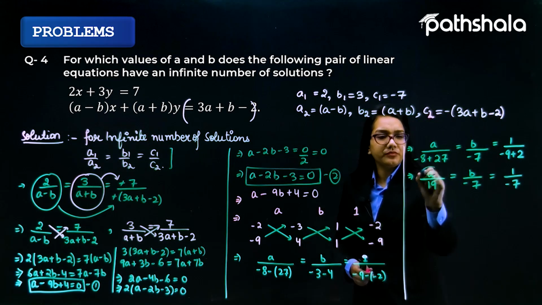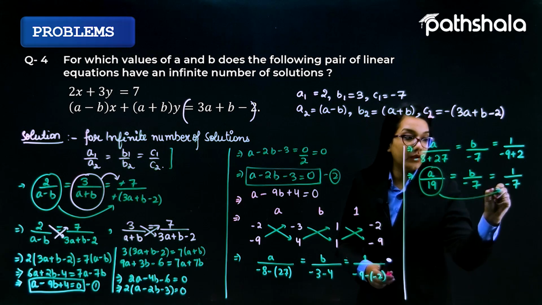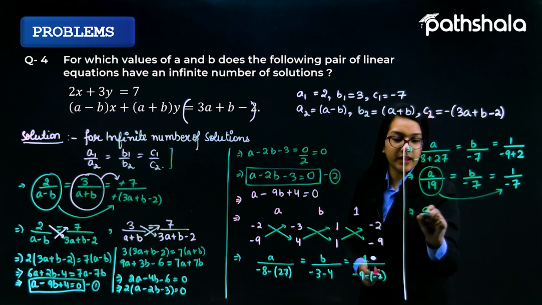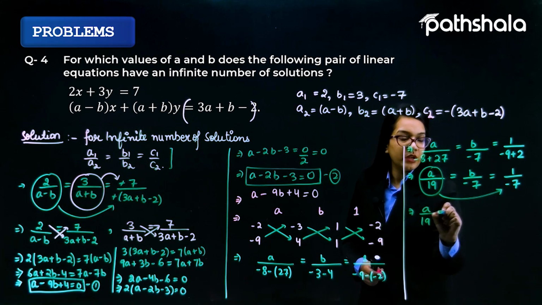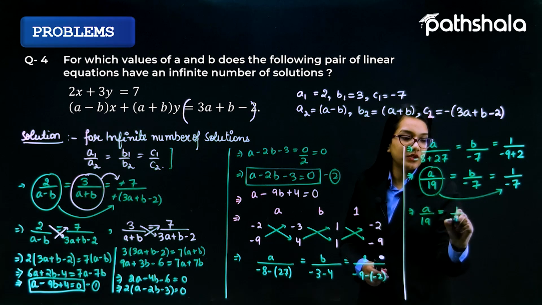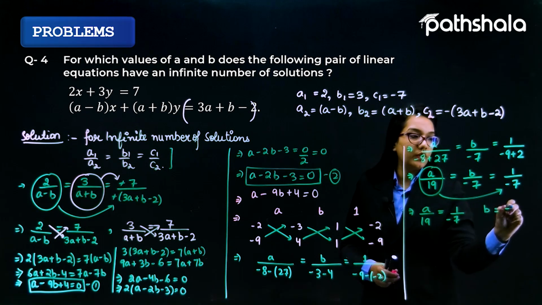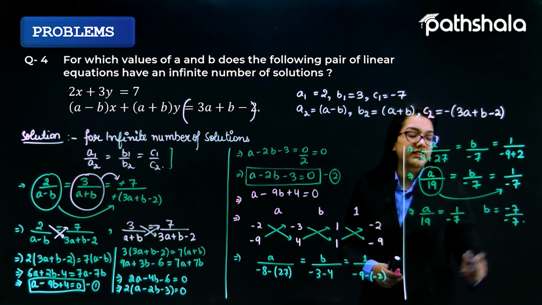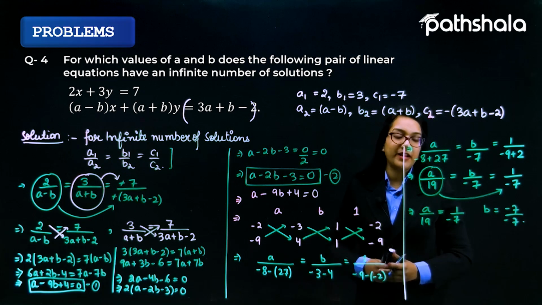So it means a by 19 is equal to this term first. So a by 19 is equal to 1 by minus 7 and b is equal to minus 7 by minus 7. Now let's just solve the value of a and b.